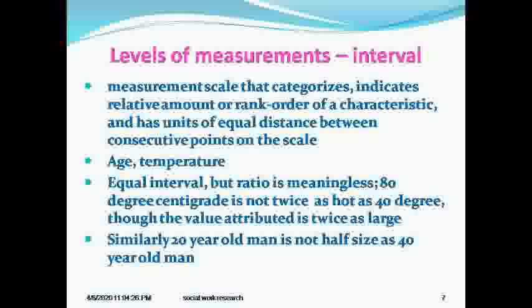Equal interval, but ratio is meaningless. 80 degrees centigrade is not twice as hot as 40 degrees, though the value attributed is twice as large. Similarly, a 20-year-old man is not half the age of a 40-year-old man.